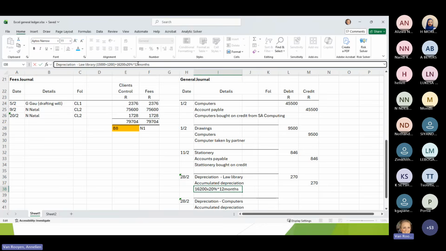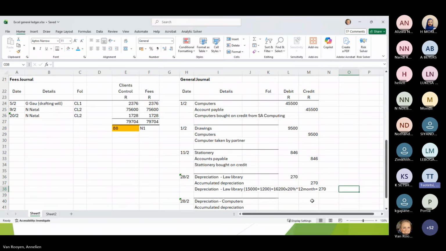And that will give you the 270. Okay, that formula is too long.